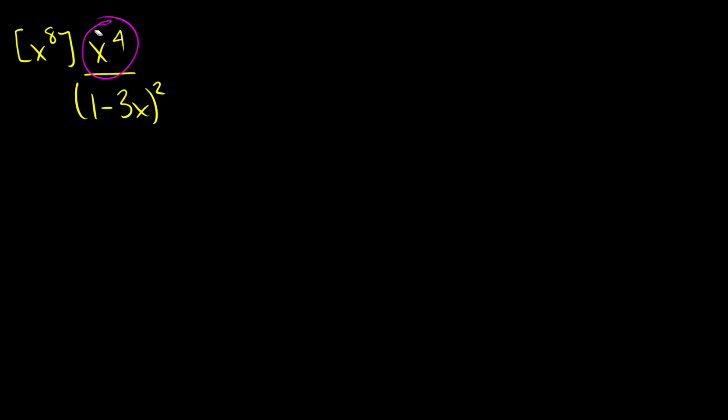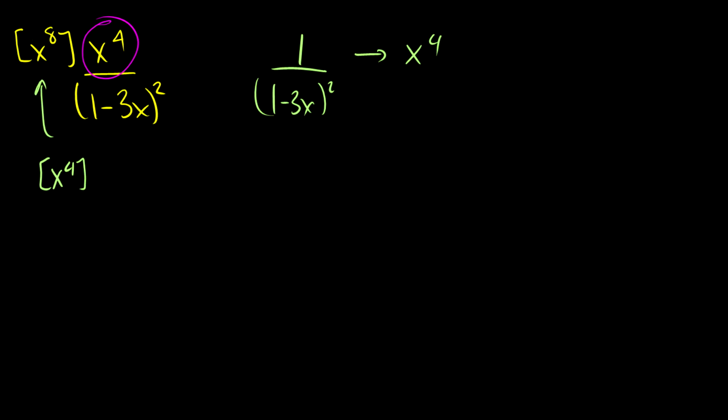We've kind of just shifted this 1 over 1 minus 3x squared function over by x to the 4. So we can rewrite this as actually just saying, what is the 4th coefficient of 1 over 1 minus 3x squared? You're saying, hold on a second, why does this work?